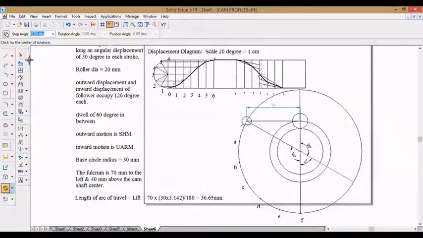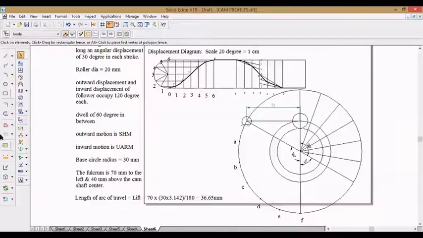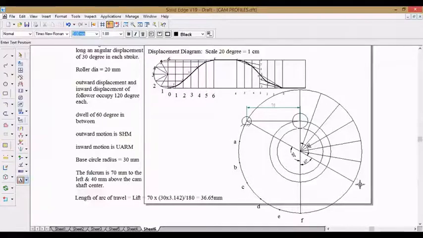Rotate. Divide the return stroke also into equal parts. Okay. So now the return, F reverse.